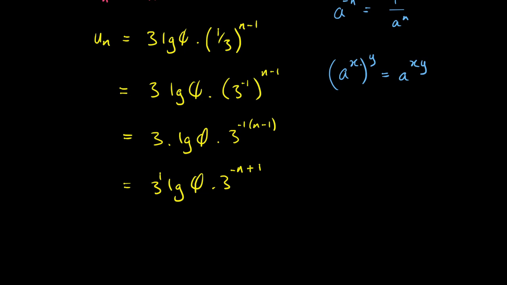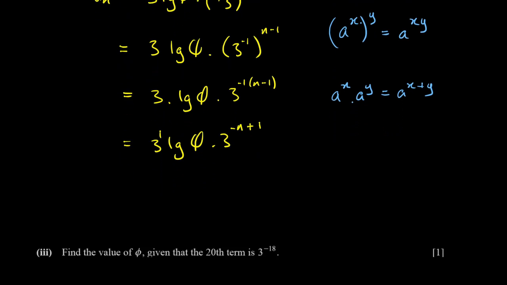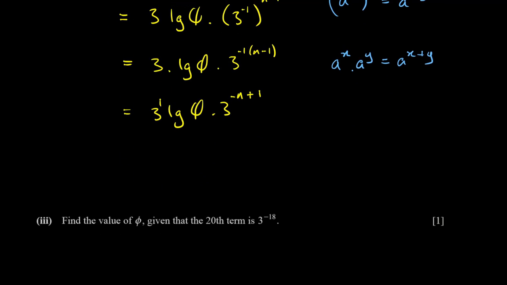And then lastly, I can treat that 3 as 3 to the power 1, right? I can use my final indices rule, which is if I've got a to the power x times by a to the power y, that's a to the power of x plus y. I can add up the powers. So here what I'm going to get is 3 to the power 1 plus negative n plus 1. So that's 3 to the power of 2 minus n times by log phi.